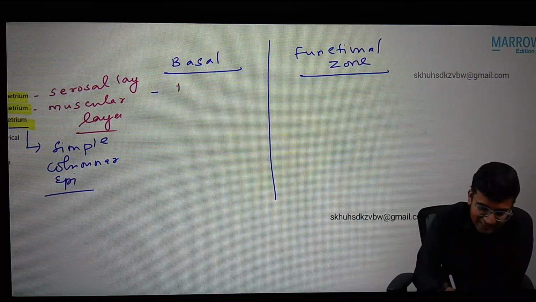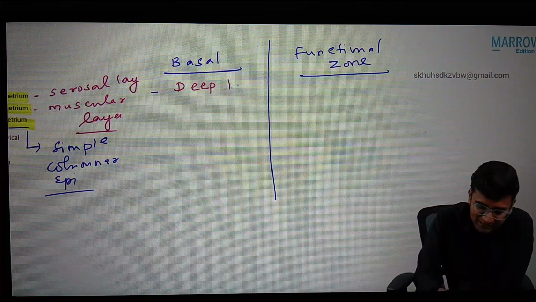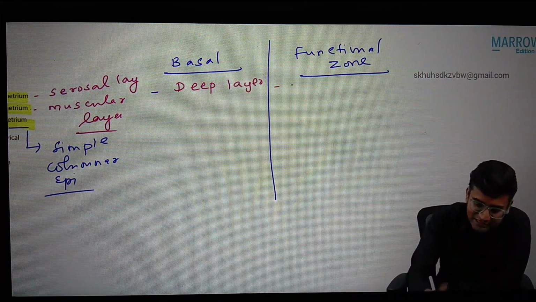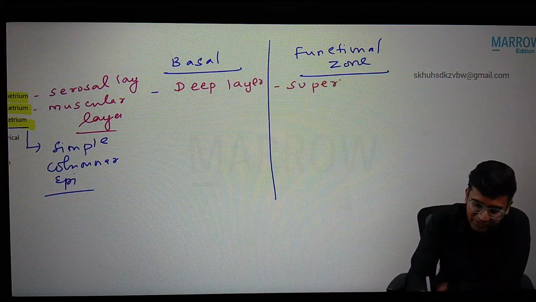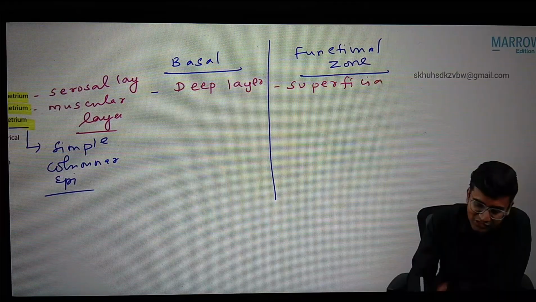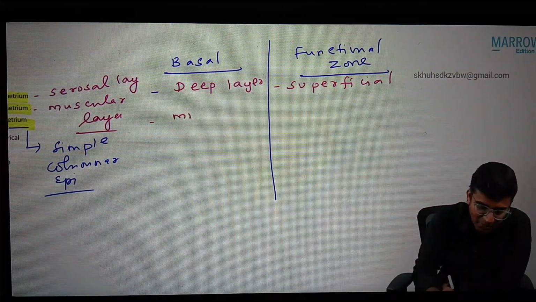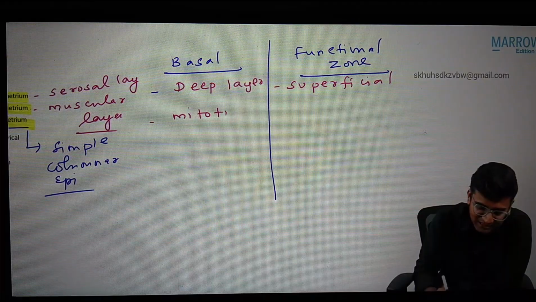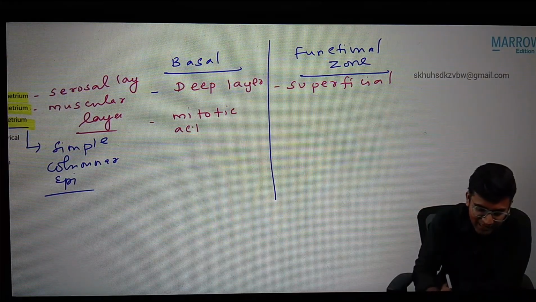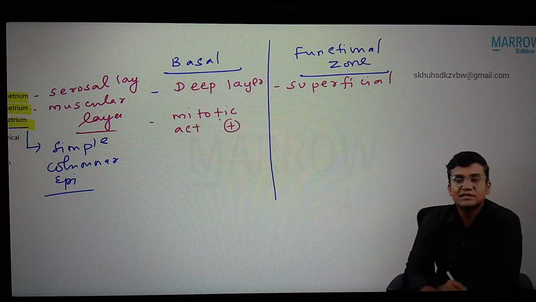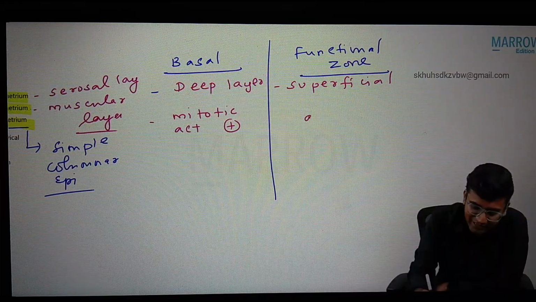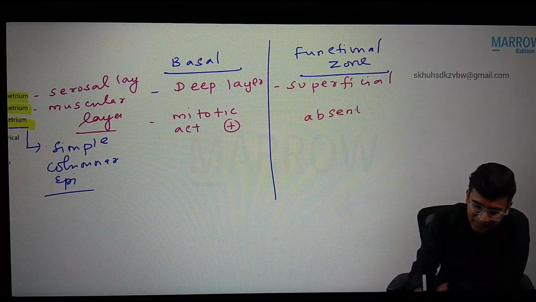Now, the basal zone is the deep layer. The functional zone is the superficial layer of the endometrium. In the basal layer, mitotic activity is present. In the functional zone, mitotic activity is absent.